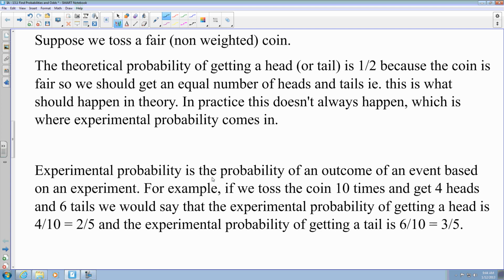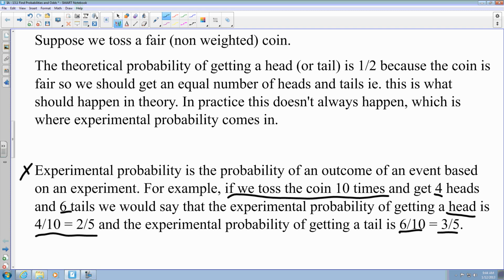And they did an experimental probability here where they tossed the coin 10 times, 4 of which was heads and 6 was tails. So the experimental probability of getting a heads was 4 of 10 or 2 over 5, and the experimental probability of getting a tails was 6 of 10 or 3 of 5.